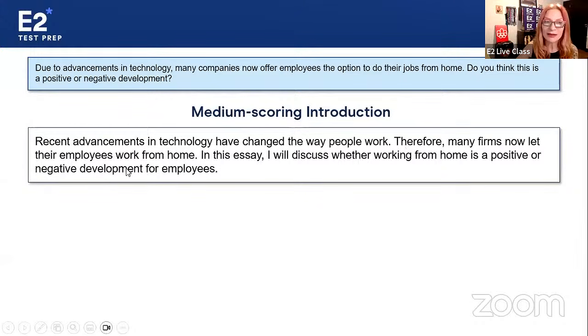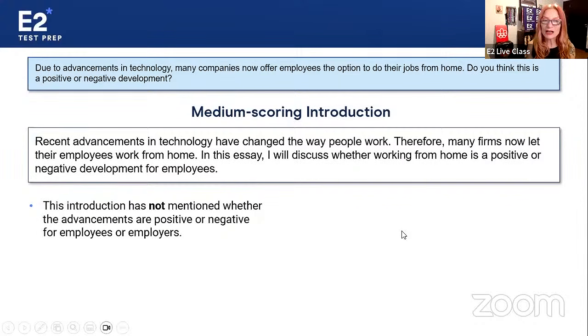Therefore, many firms now let their employees work from home. In this essay, I will discuss whether working from home is a positive or negative development for employees. Here, recent advancements in technology is mentioned, but superficially, right? And that it has changed the way employees work. That would be the first step.